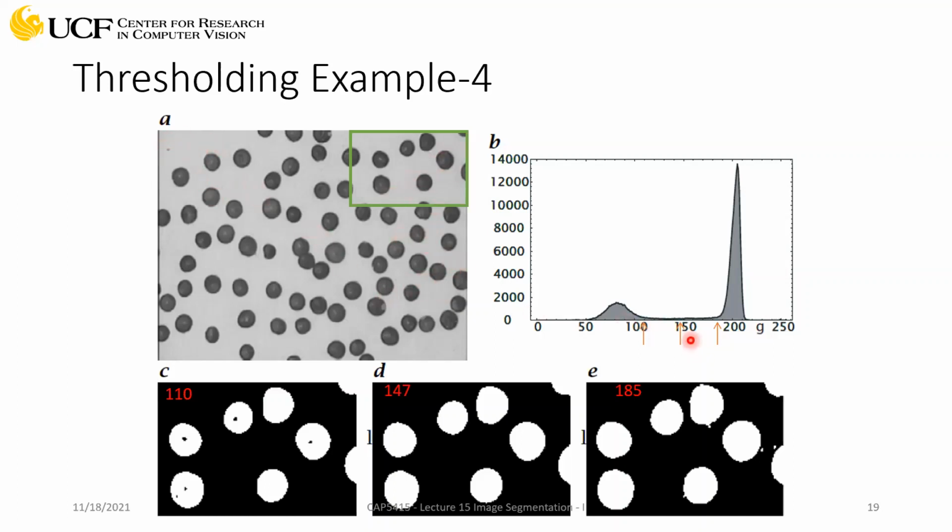Okay, so now what you can do is look at this histogram and select these thresholds. So let's say we start with the first one. This value is 110. All right, so in this case, you are just inverting this, right?